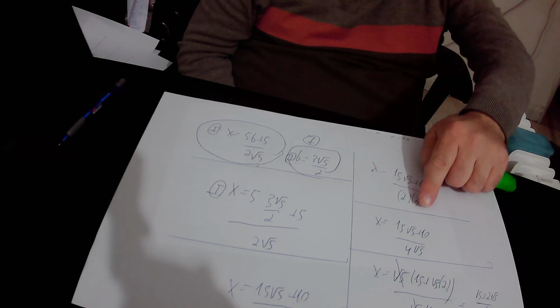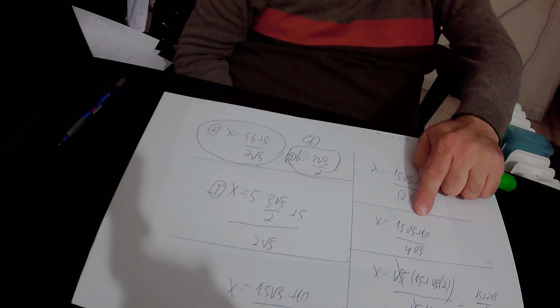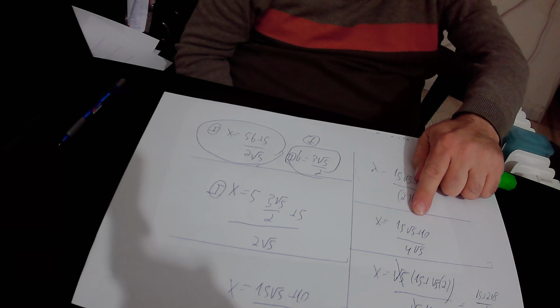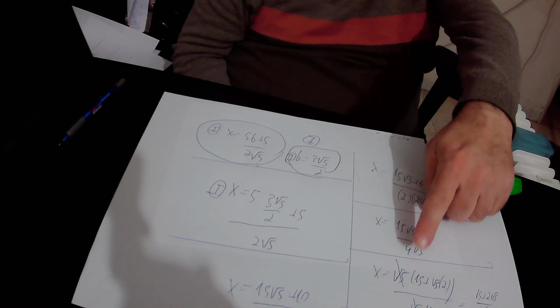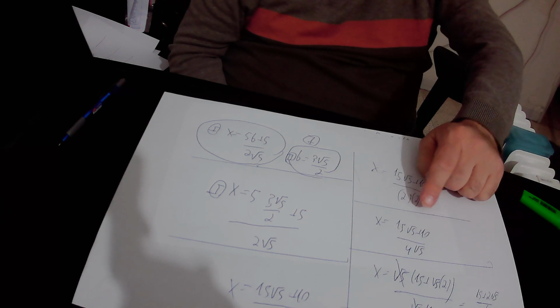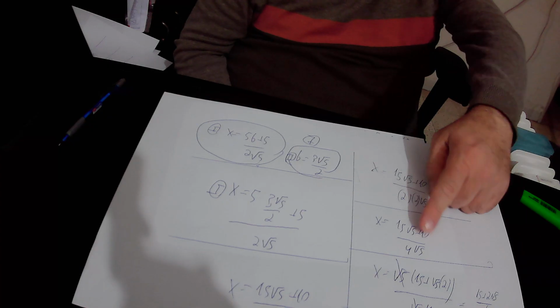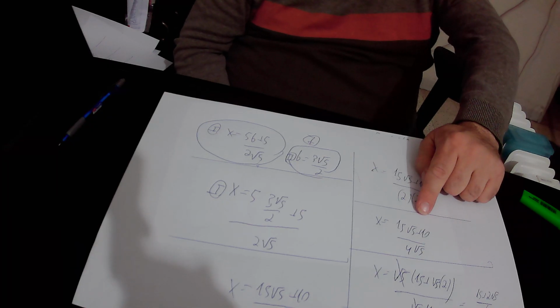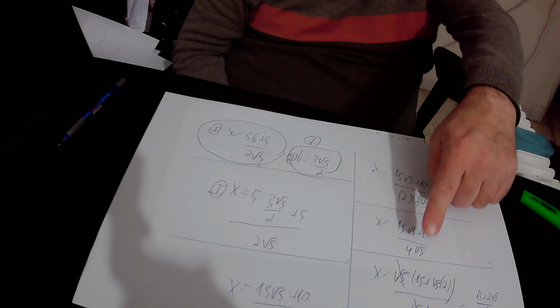Then we took square root of 5 as a common factor from the numerator. What is left from 15 times square root of 5 after we took from it square root of 5 as a common factor? What is left is actually 15. What is left from 10 after we took from it square root of 5 as a common factor?